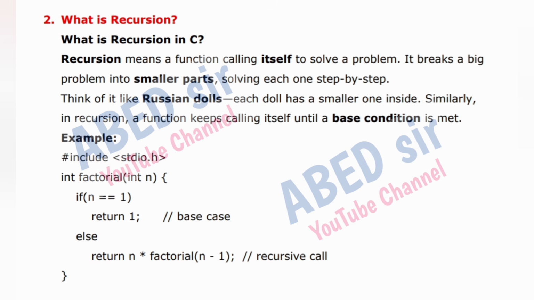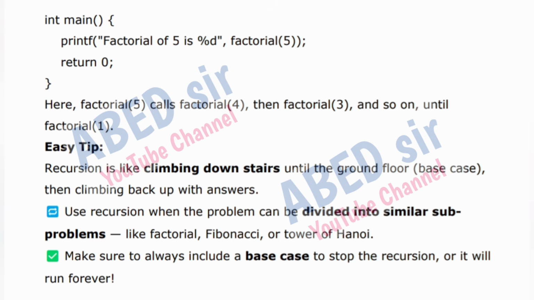Example: #include <stdio.h>. int factorial(int n). if n == 1, return 1; base case. else, return n * factorial(n-1); recursive call. int main(). printf("Factorial of 5 is %d", factorial(5)). return 0.